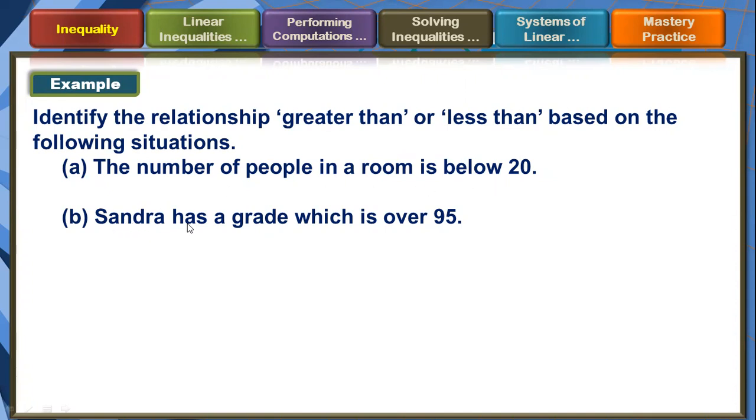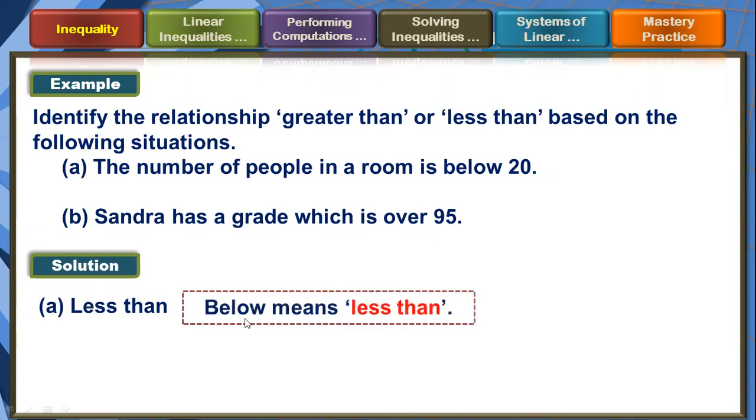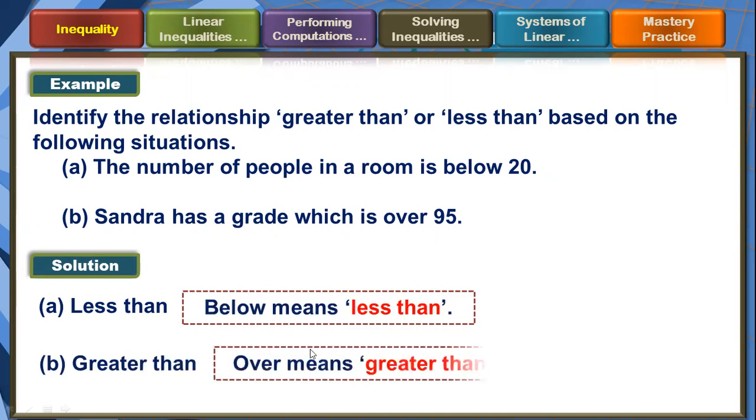And for B, Sandra has a grade which is over 95. We have to be mindful of the keywords given. Here we have below, and for B, we have over. To describe them, our solutions are: A, it's less than because below means less than. And for B, it's greater than because over means greater than.